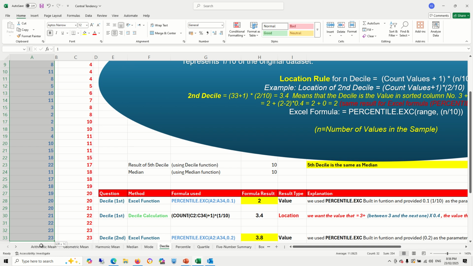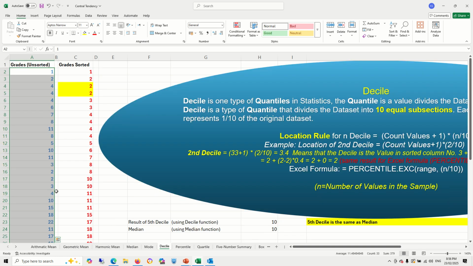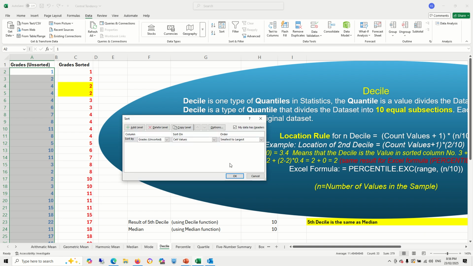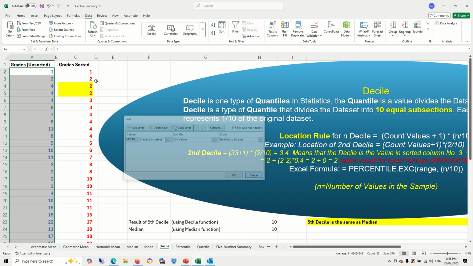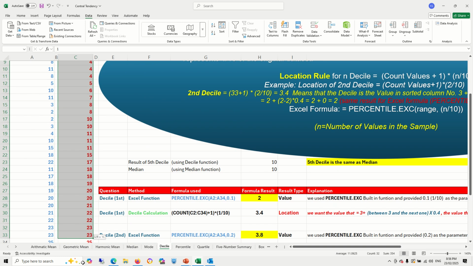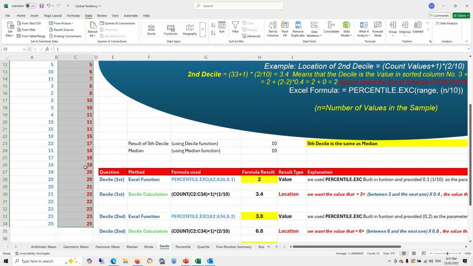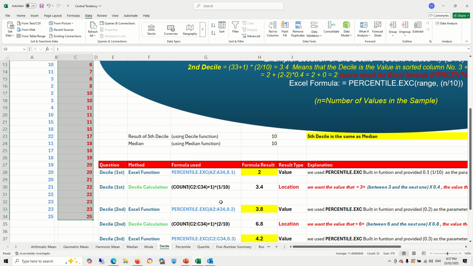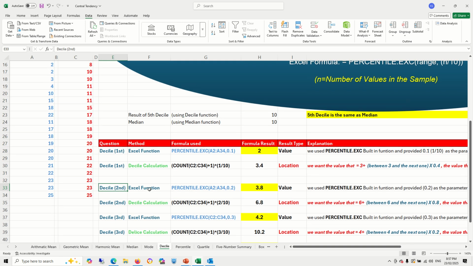If you take a copy of this one and paste it here, then go to data and click on sort, then you click on smallest to largest, as you see here. That will give you this sorted data. So in order to look for the location, you have first to sort the data this way, using sort in Microsoft Excel.